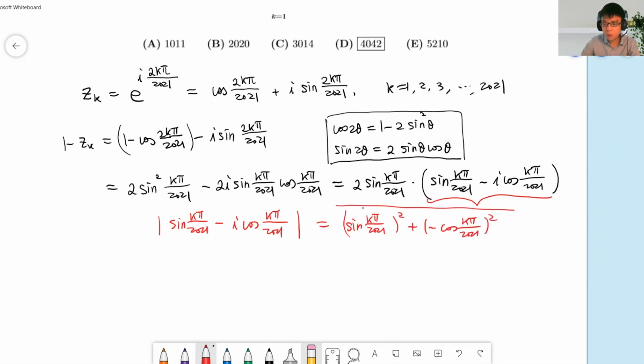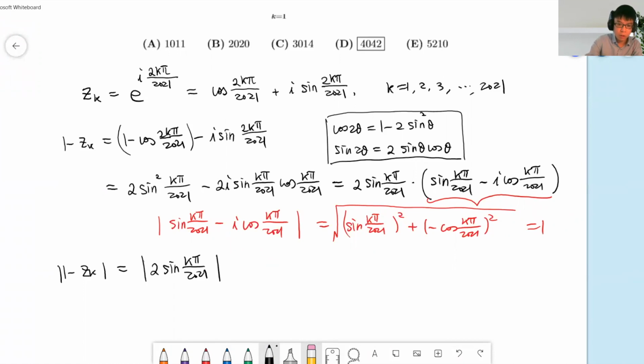Then we take square root. That gives 1. So if we take the modulus for 1 minus zk, we only have the first part, the modulus equals twice sine k pi over 2021.